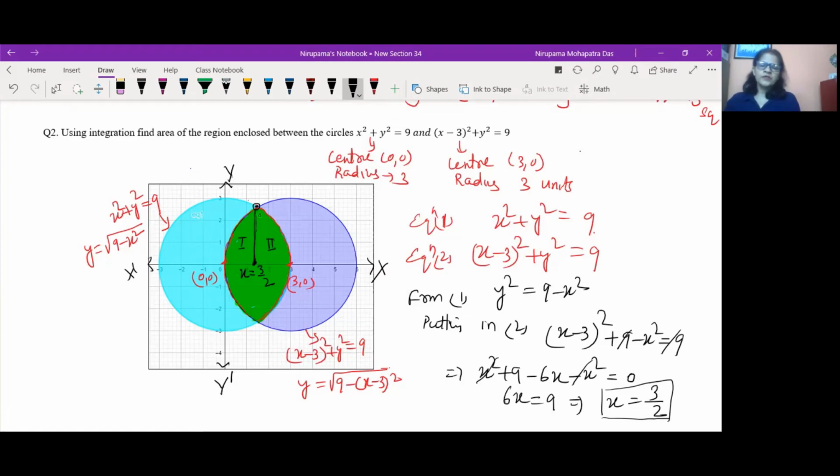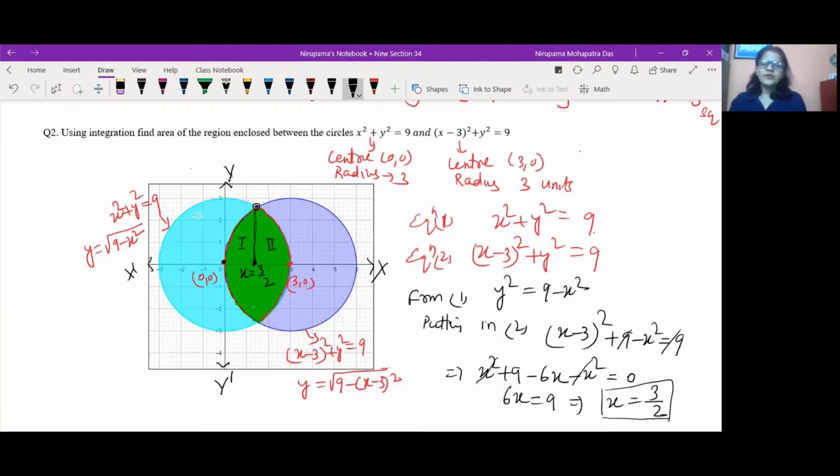Now coming to the area of part 1. Part 1 is from x equal to 0 to x equal to 3 by 2 and bounded by the curve (x minus 3) whole square plus y square equal to 9, which gives us y equal to under root 9 minus (x minus 3) whole square.